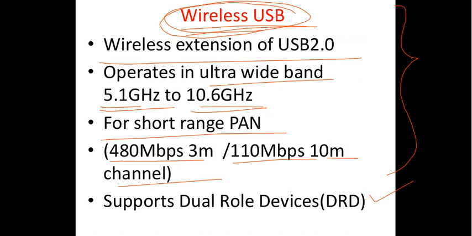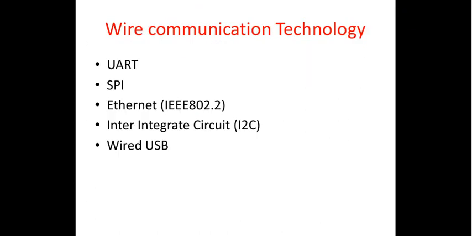Okay, so now with that background, let us come to the next point which we are supposed to discuss here, that is the wired communication technology. That means the communication technology that makes use of the physical channels for the data transfer. In this we will have the first one, UART.